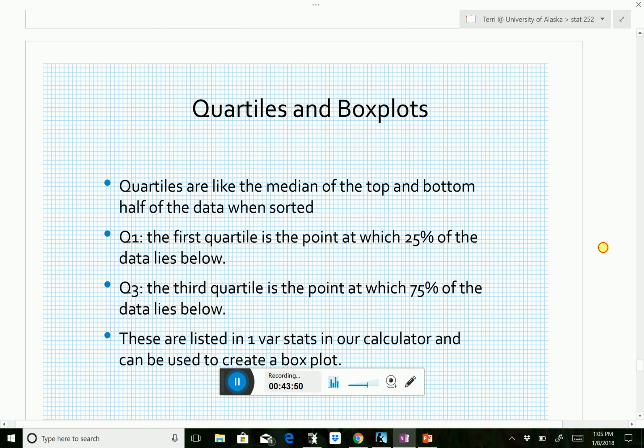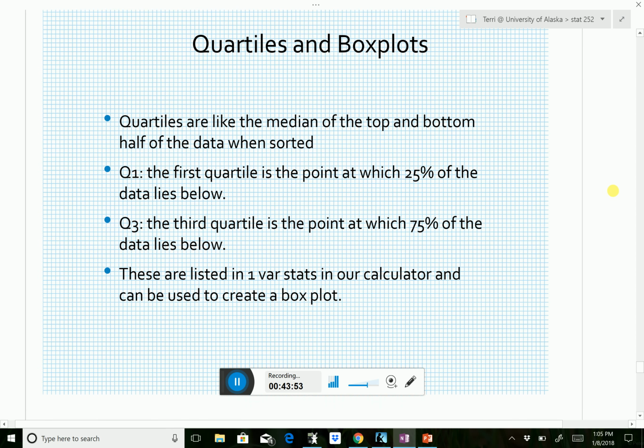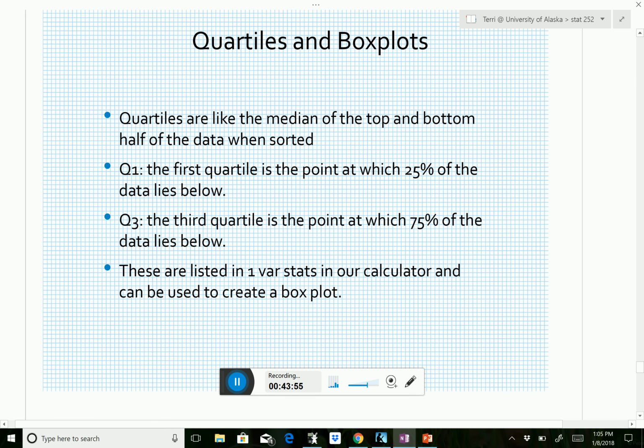Okay, so let's talk a little bit about the quartiles. I promised I'd talk about that too. The quartiles are like the median of the top and the bottom half of the data when it's sorted. So if I have a bunch of data, let's see, 2, 2, 3, 6, 8, 9, 15, 22, 31, 35, 42, 56.